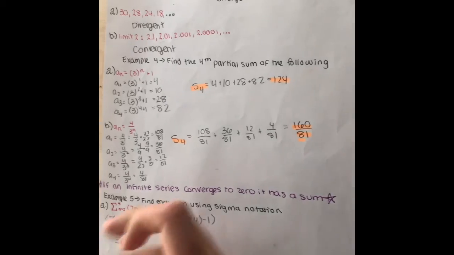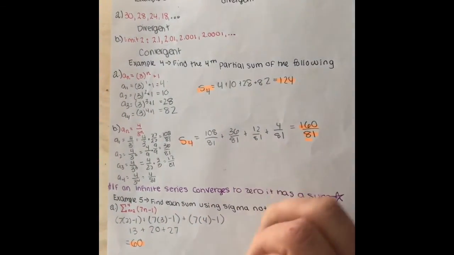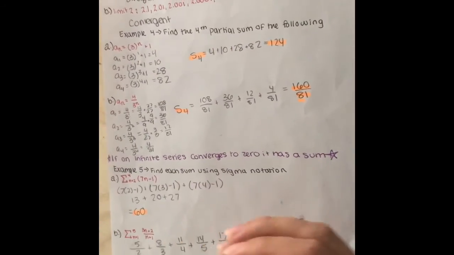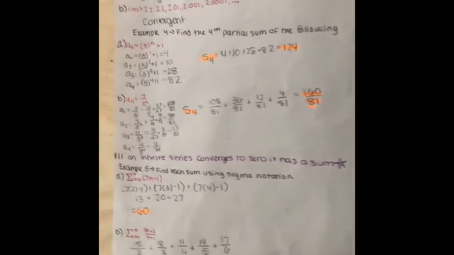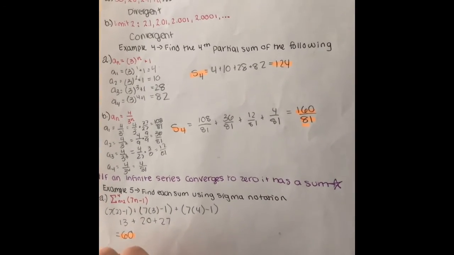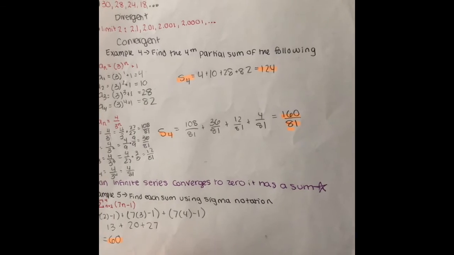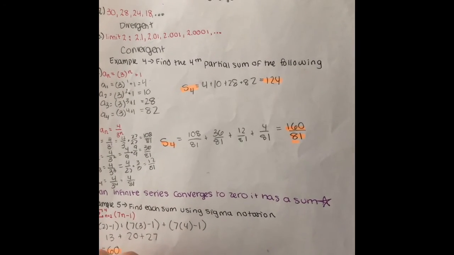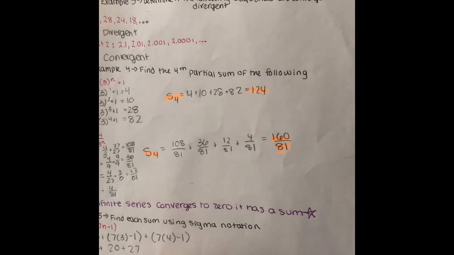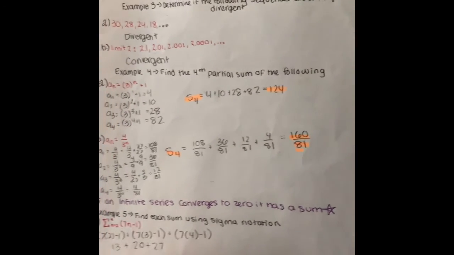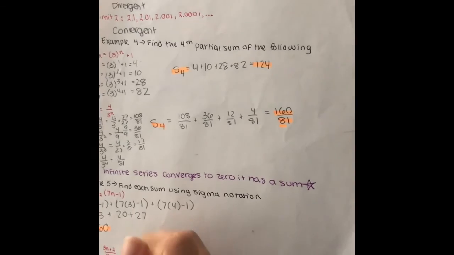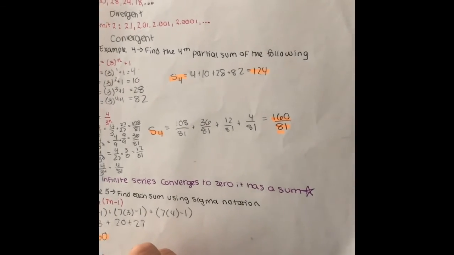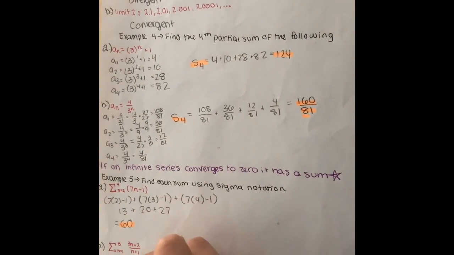So now we're going to have to make these all have a common denominator. So the common denominator is 60. We're just going to put them all over 60. So multiply that by 30, so 150. Multiply this by 20, so 160. Multiply this by 15, so 165.